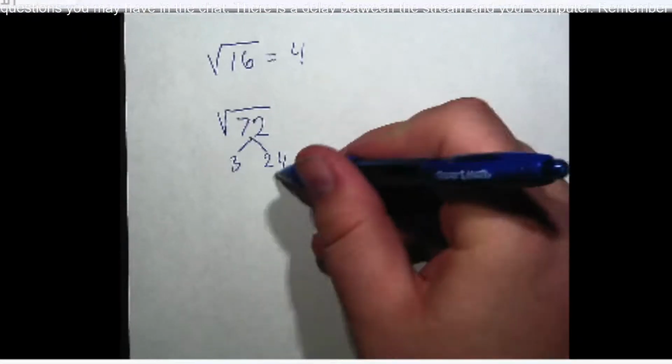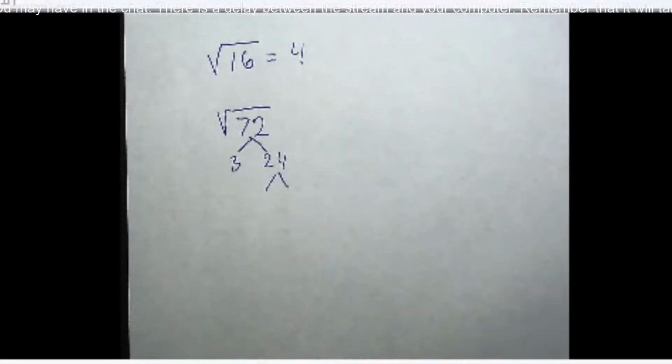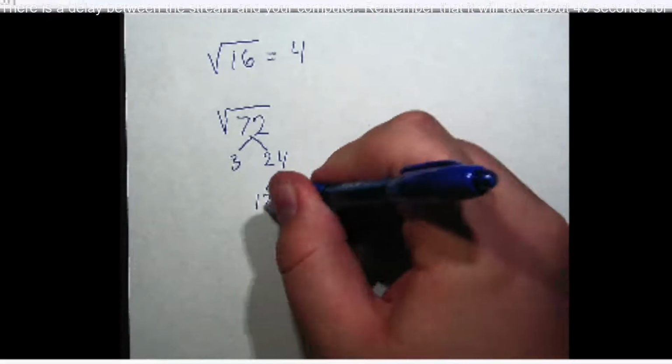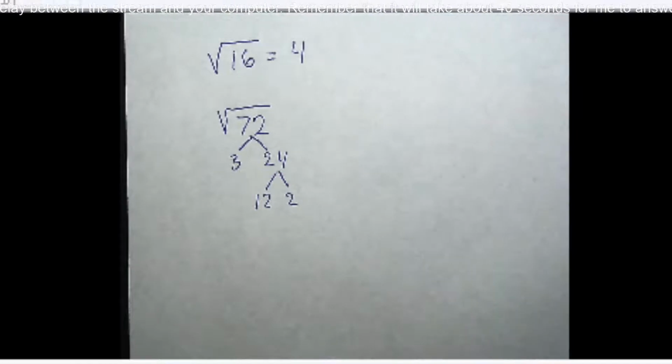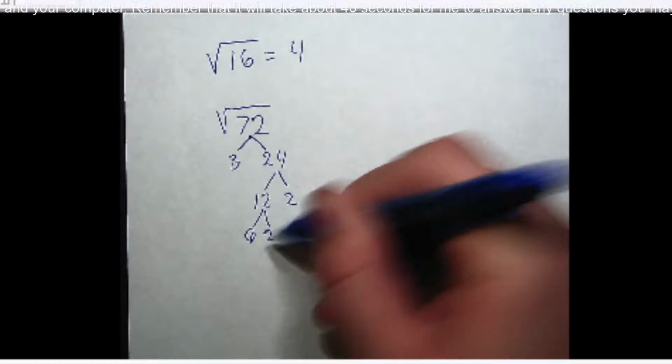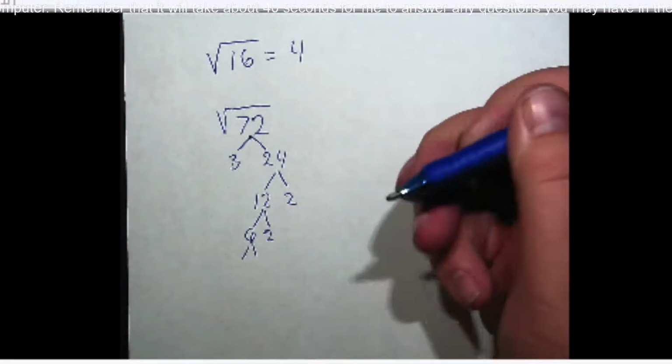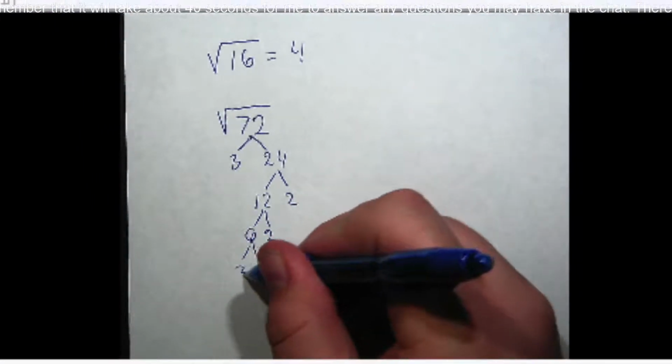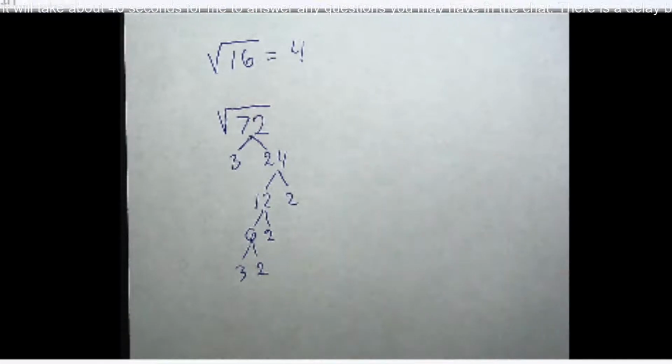So what about 24? 2 and 12. Okay. 12? 2 and 6. And lastly, 6. 2 and 3. Good.